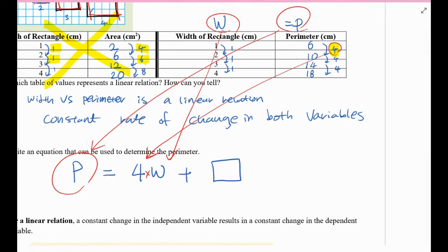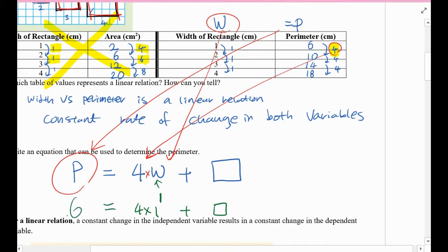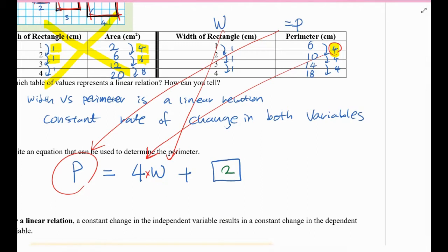Okay, if the width is 1, then it becomes 4 times 1 plus something is perimeter, which is 6, right? What number do I need to add here to make 6? That's 2. Is that right? Okay, let's test if it works for 2.